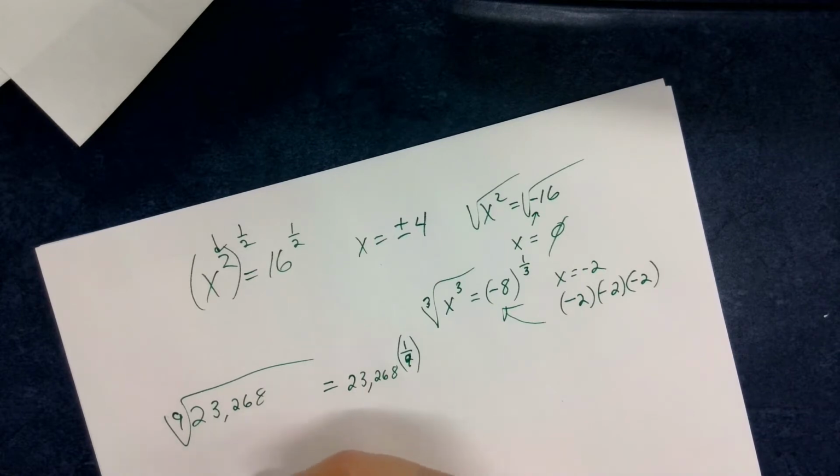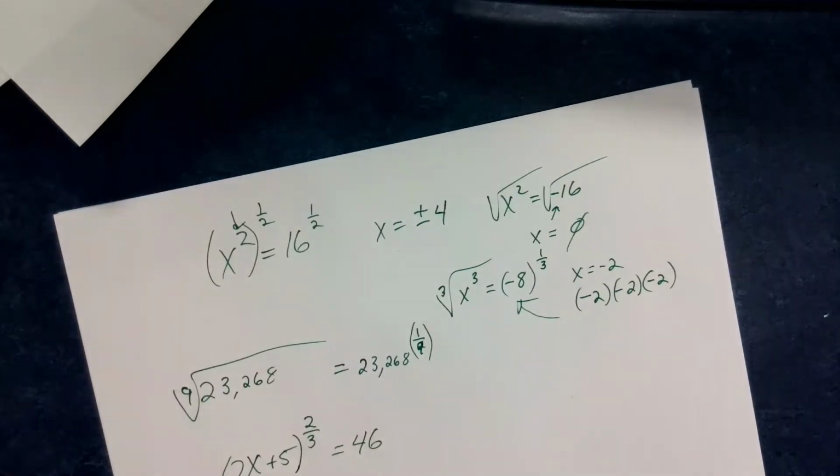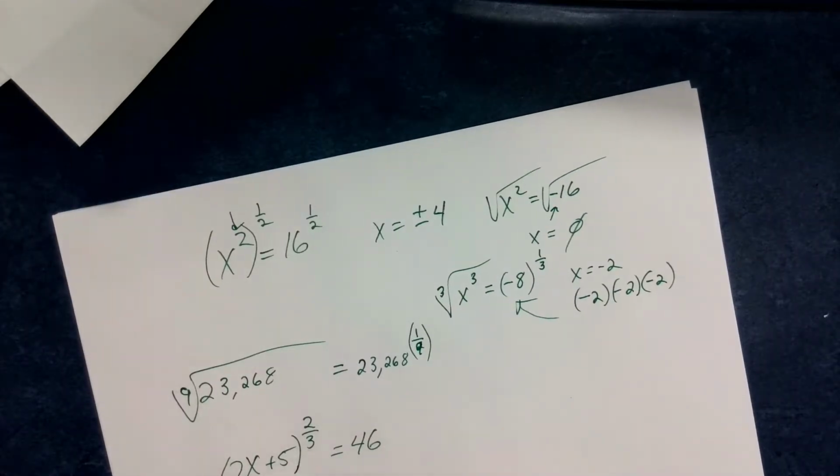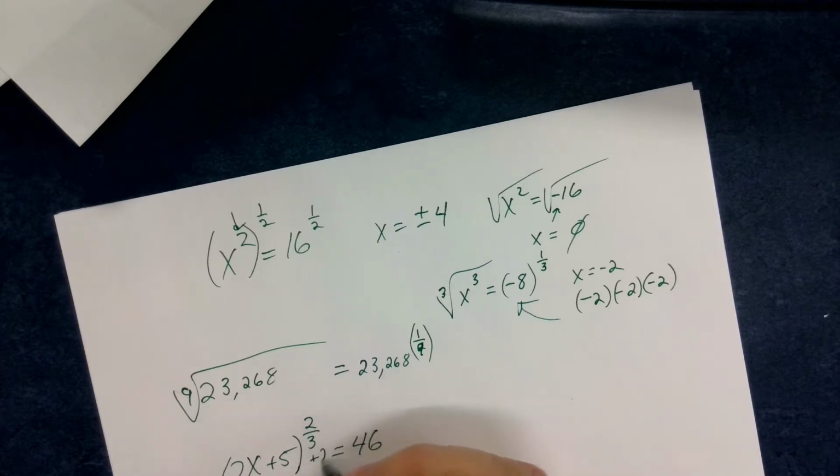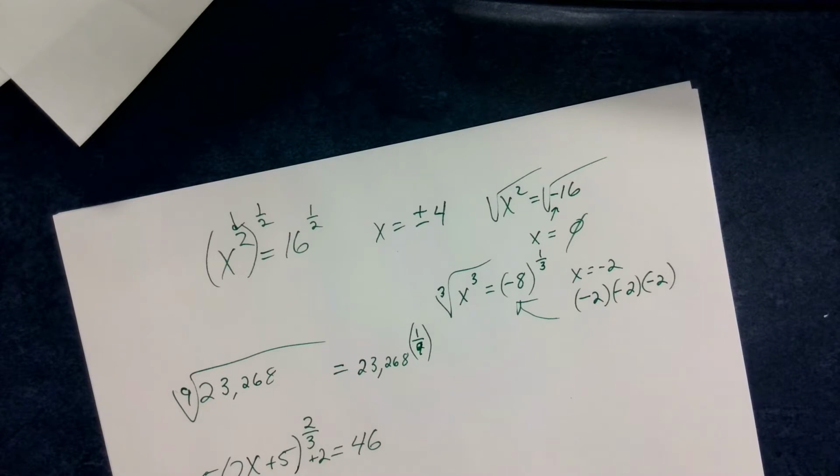If I gave you a problem like 2x plus 5 to the 2/3 equals 46, you'd know that you'd have to isolate this side first. So if there was like a plus 2 over here and maybe a 5 in front, I'll make that problem a little bit bigger.